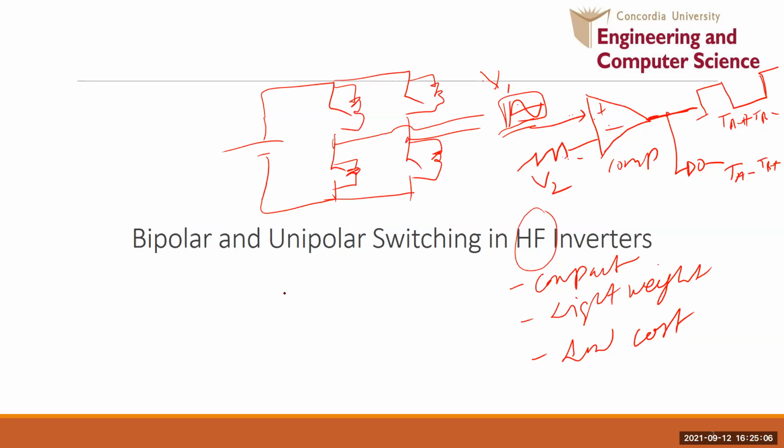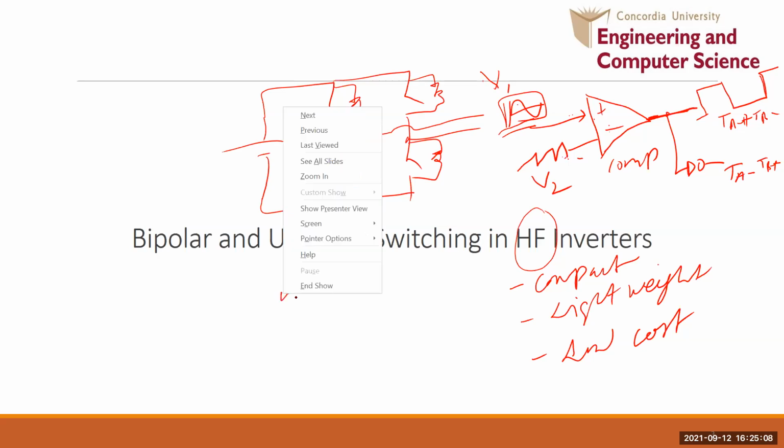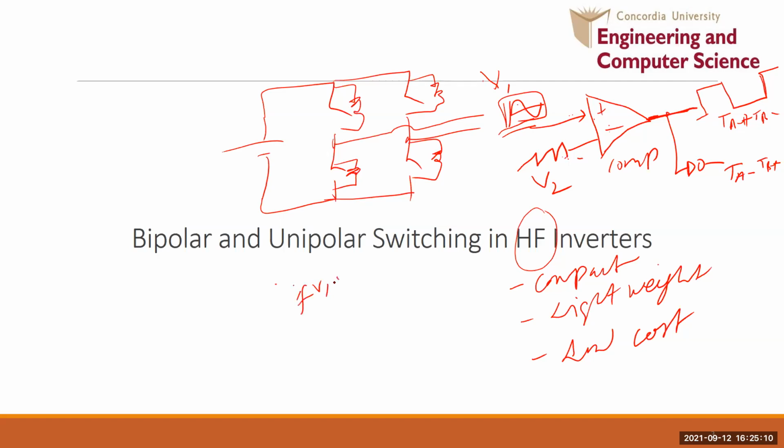So just program that if V1 is greater than V2, then we can say PWM is high. Else PWM is low. And this is the programming needed. That's it, in DSP or FPGA. So it is very easy to implement.